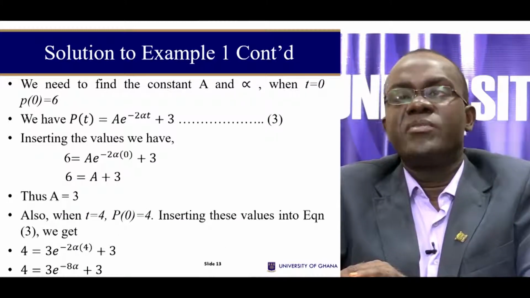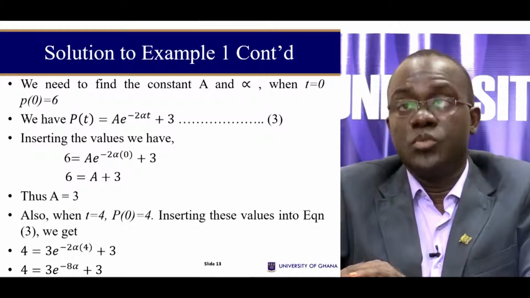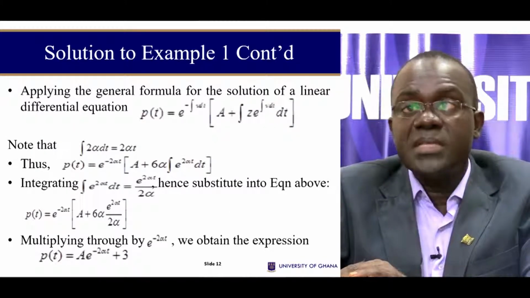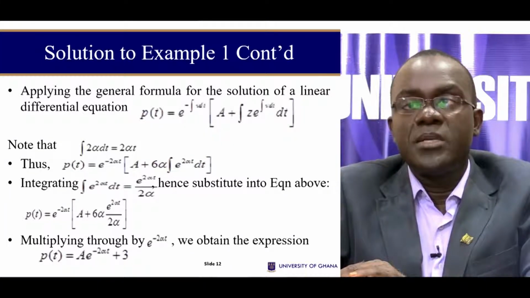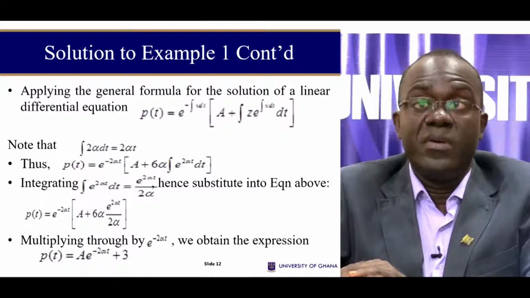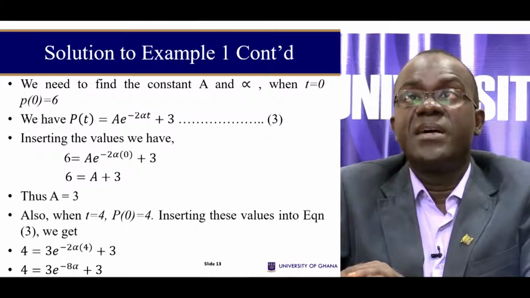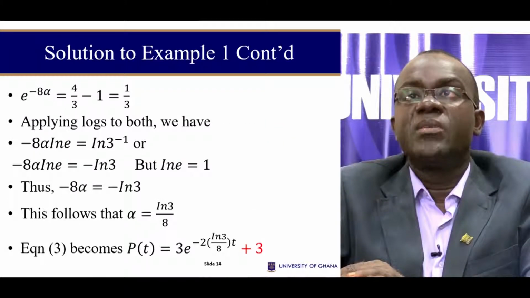Now we have some boundary conditions. Notice that in this solution, we have two constants, A and alpha. Once we have two constants, we need two boundary conditions to be able to find the actual values of A and alpha. So when we slot them into the equation and simplify, we get these values over here.